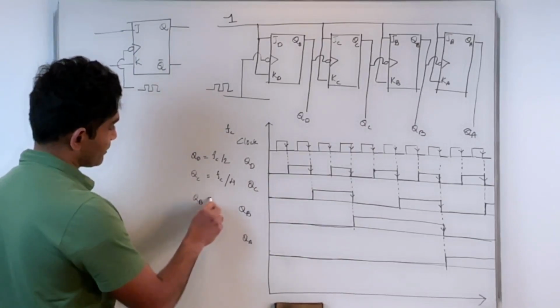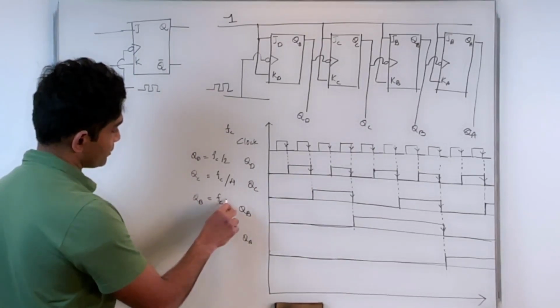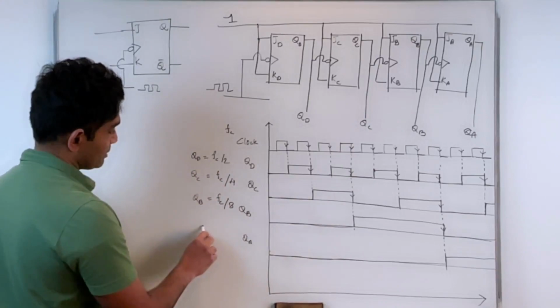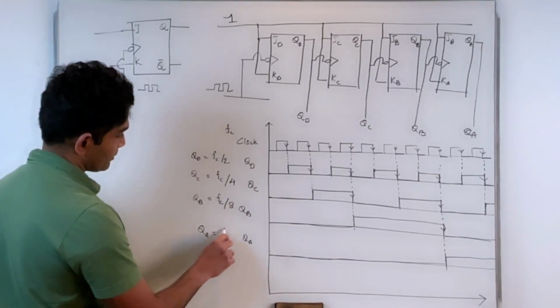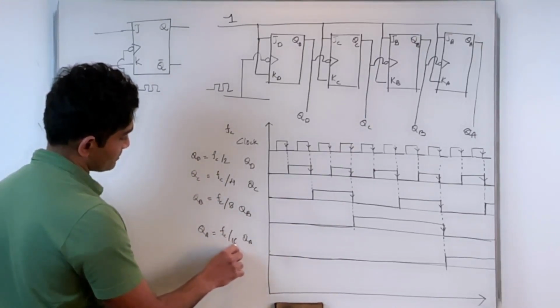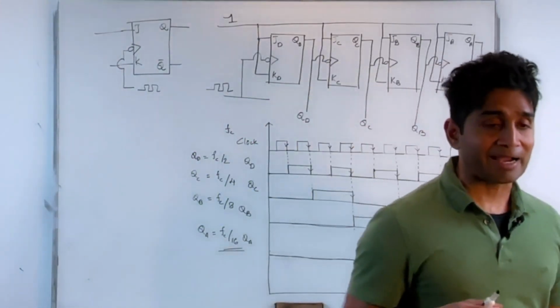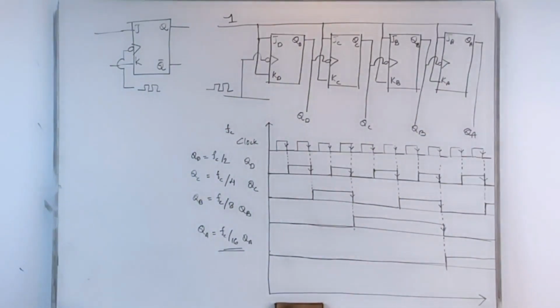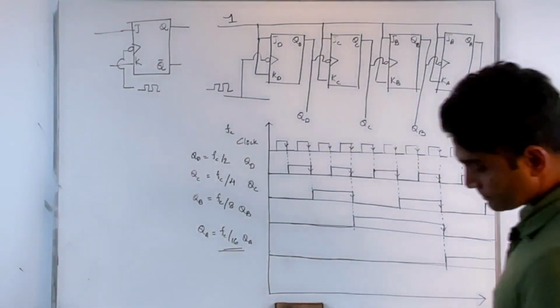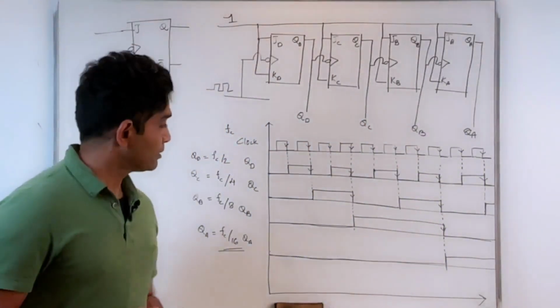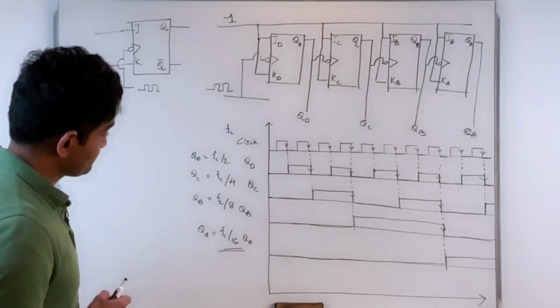QB, the frequency is FC over 8. QA, frequency is FC over 16. So you can implement a frequency divider with this circuit. That's one application. Why do we need a frequency divider? We'll get back to that in a few minutes.